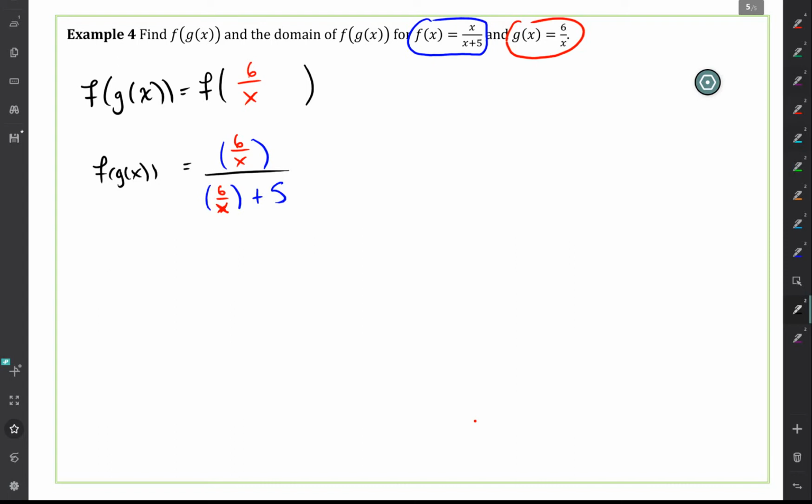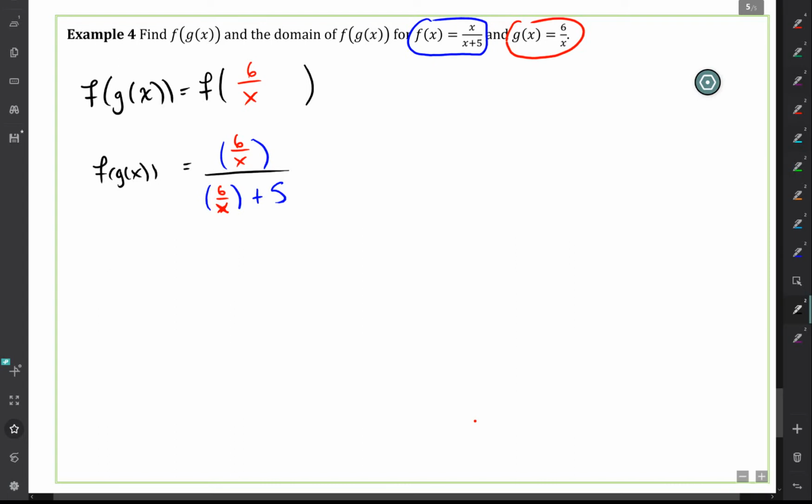And now we could simplify this a little bit, because if we want to get rid of that fraction in the denominator, we can multiply by x over x, and what that does for us is it makes this 6 over 6 plus 5x.